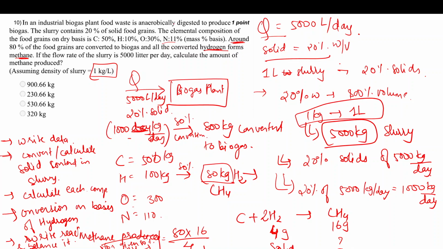If you split this 1000 kg into the components, it will have 500 kg of carbon, 100 kg of hydrogen, 300 kg of oxygen, and 110 kg of nitrogen, right? But the total is not 1000 again. Yeah, there can be some stoichiometric error in the question.